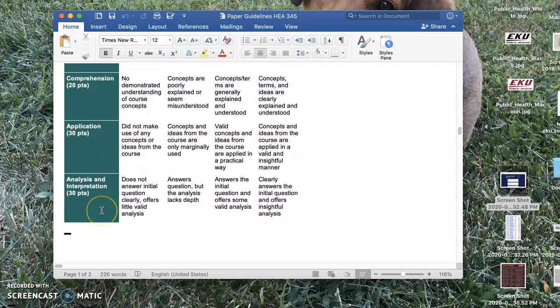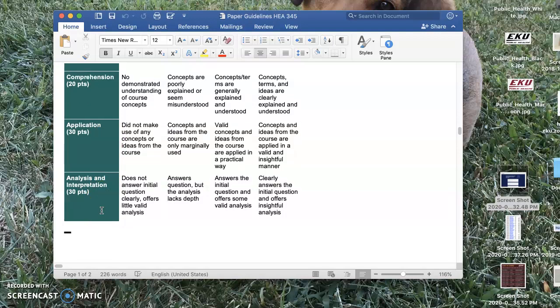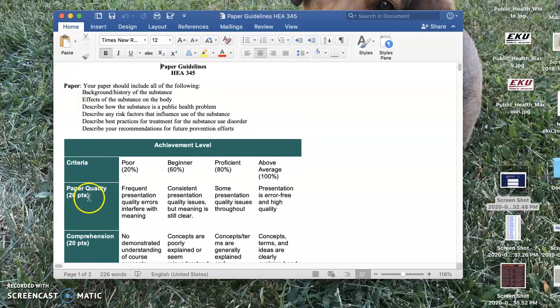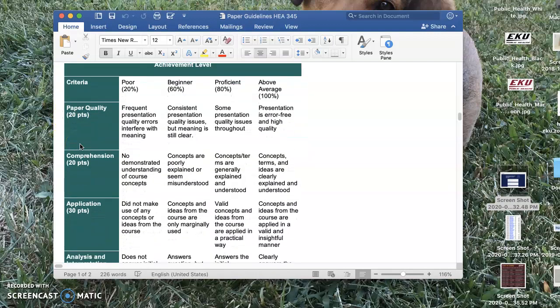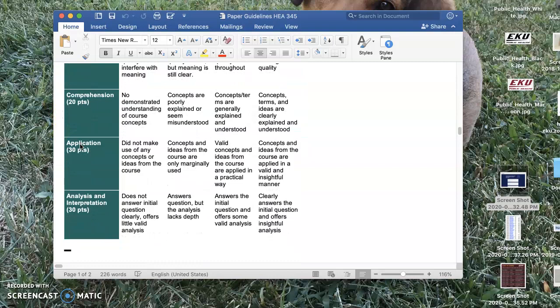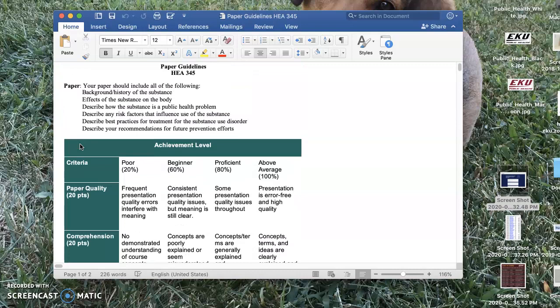And then finally, analysis and interpretation. You clearly answered all the prompts at the beginning, and you made a good analysis of your substance and the information you have about it.